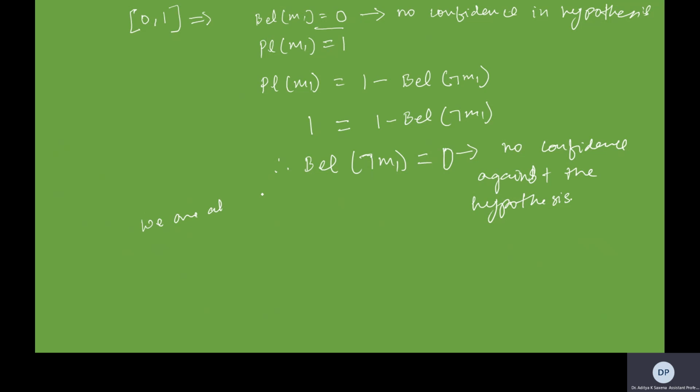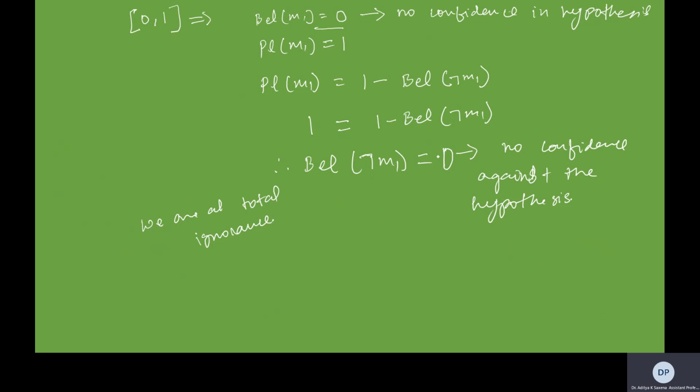Because we don't have any confidence in support of the hypothesis, and we also don't have any confidence in the negation of the hypothesis. That's why plausibility is 1. Plausibility of a hypothesis will be 1 only when the belief in the negation of the hypothesis is 0.